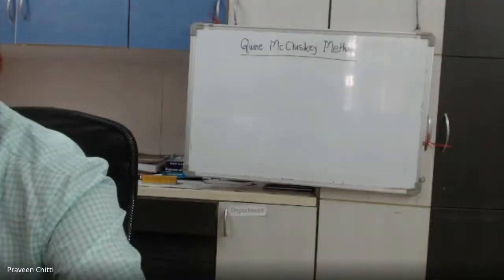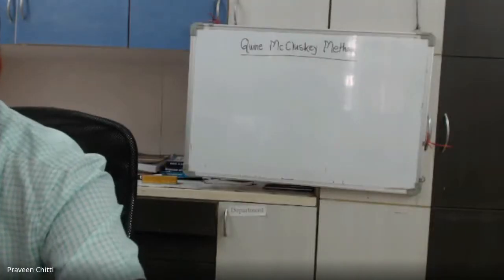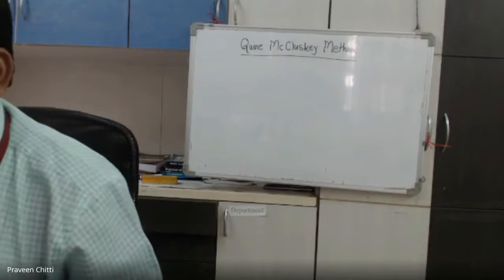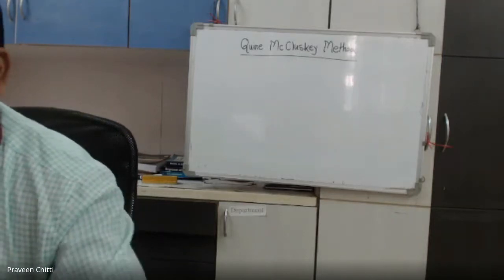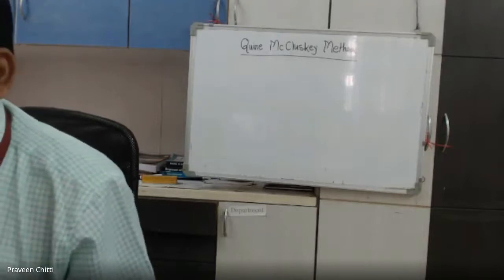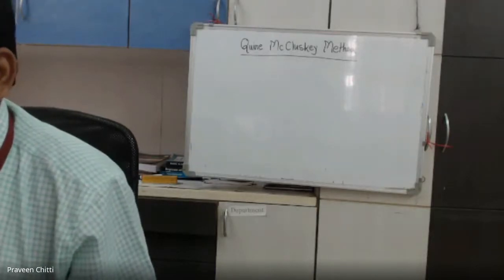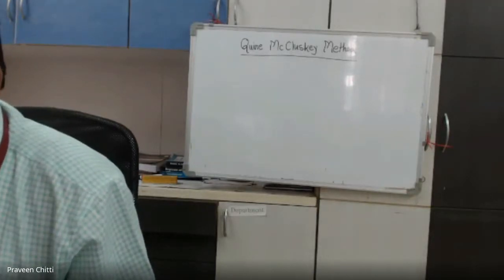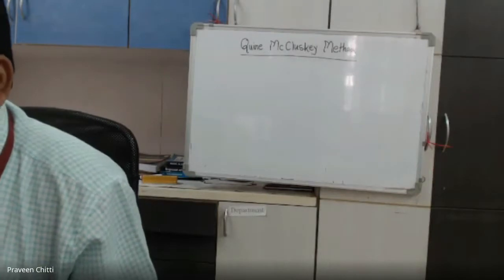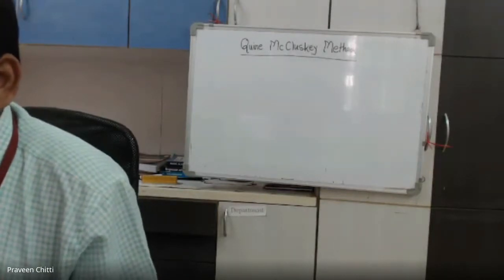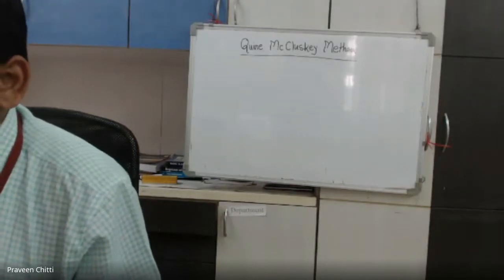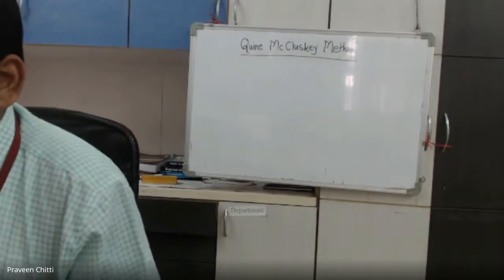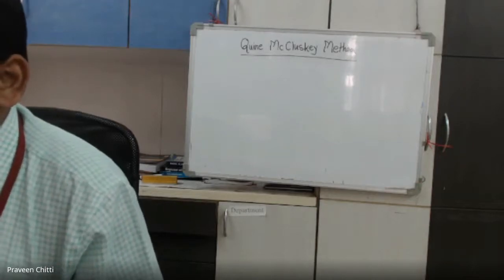I'll take one example, and we'll see how we can eliminate the different literals and how we can simplify the given Boolean equation. I hope all of you understood what exactly the Quine-McCluskey method is and how it is different from the K-map. As I said, I'll directly take one example and explain the Quine-McCluskey method.